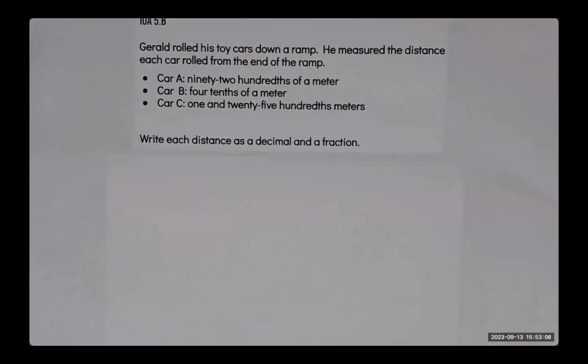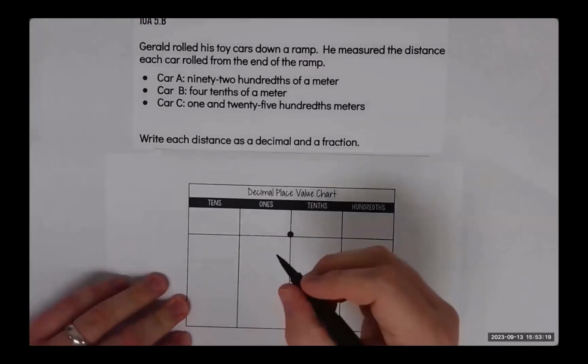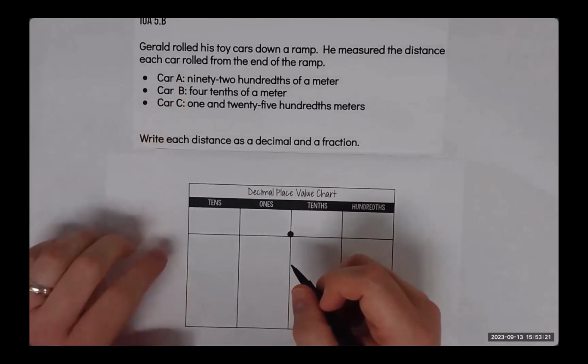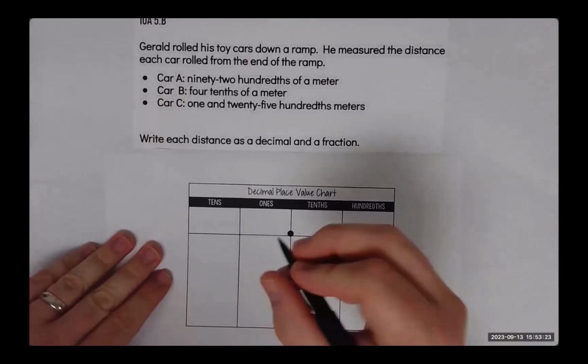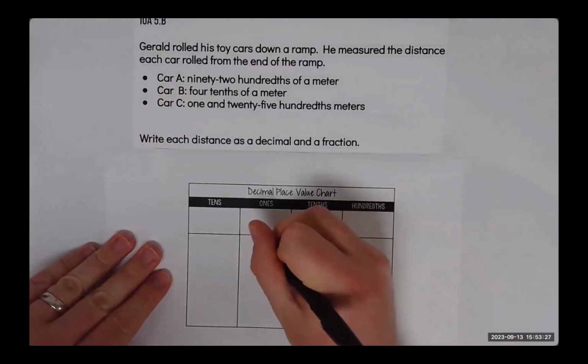Now, to solve this representationally, I can use both a place value chart and decimal grids to help me. I'm going to start by placing these values on a decimal place value chart. For car A, I have 92 hundredths of a meter. So I'm going to write this as 92 hundredths.